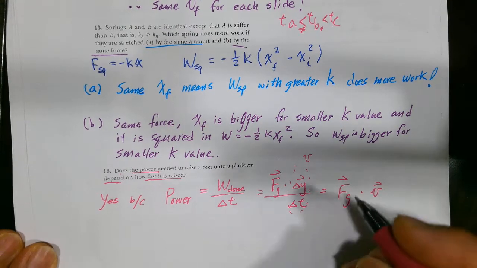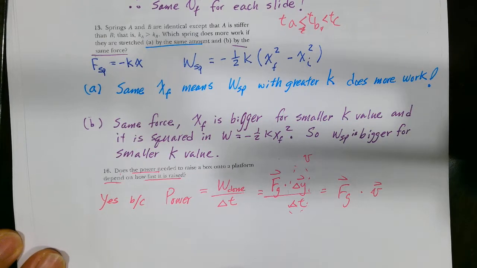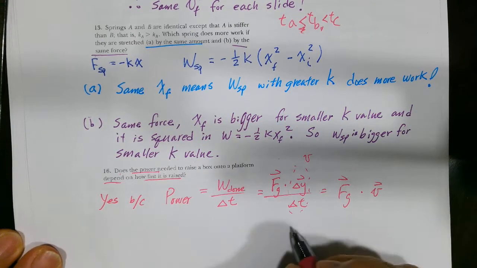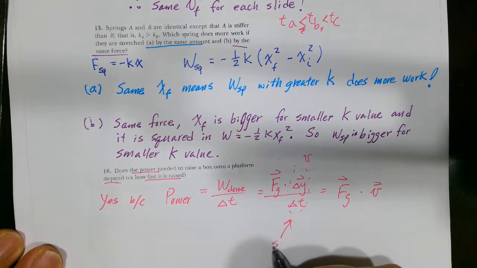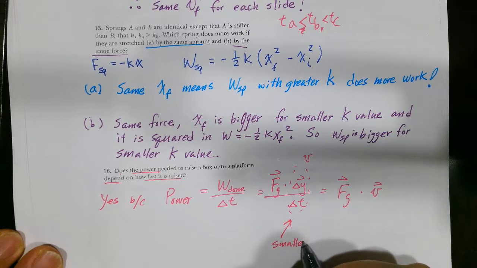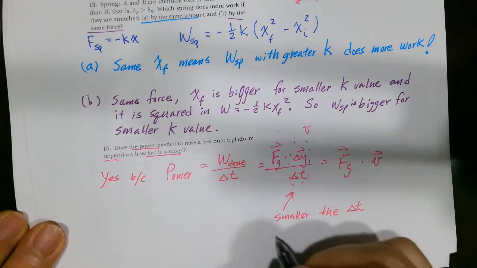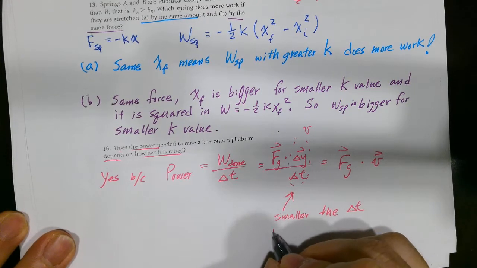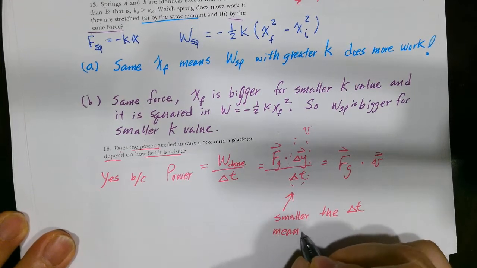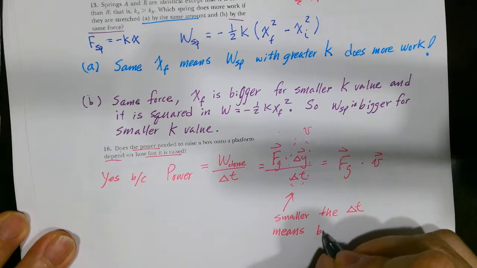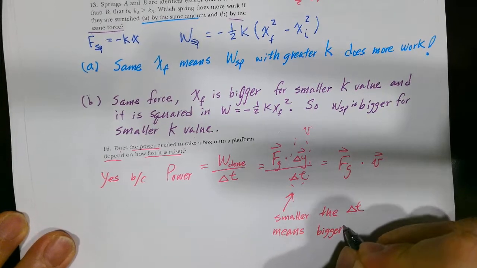So you could think of it as the smaller the delta t, the bigger the power.